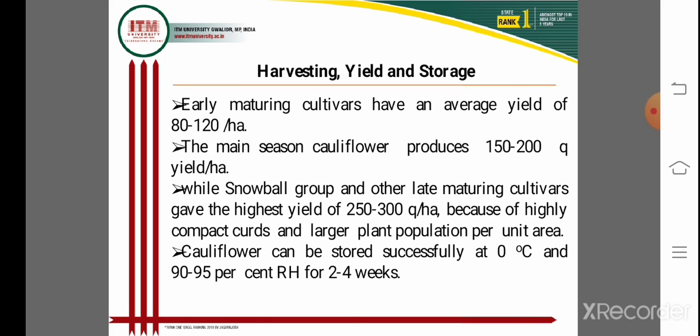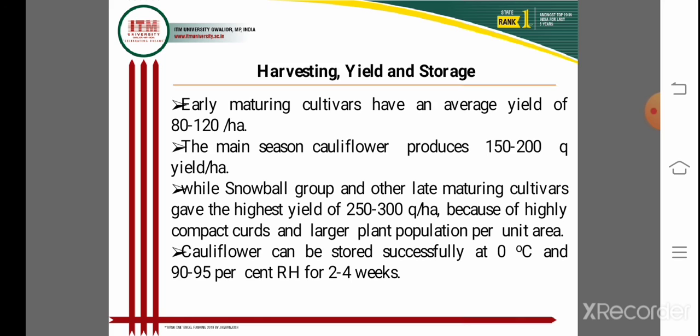The snowball group and other late maturing cultivars give the highest yield of 250 to 300 quintals per hectare, because of the highly compact curd and the larger plant population per unit area.